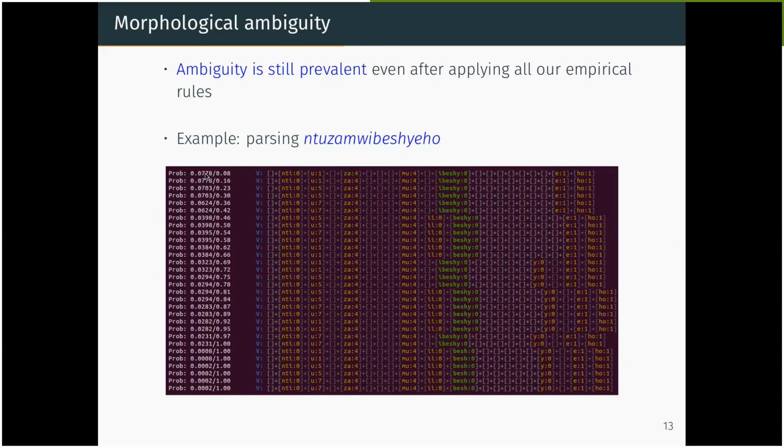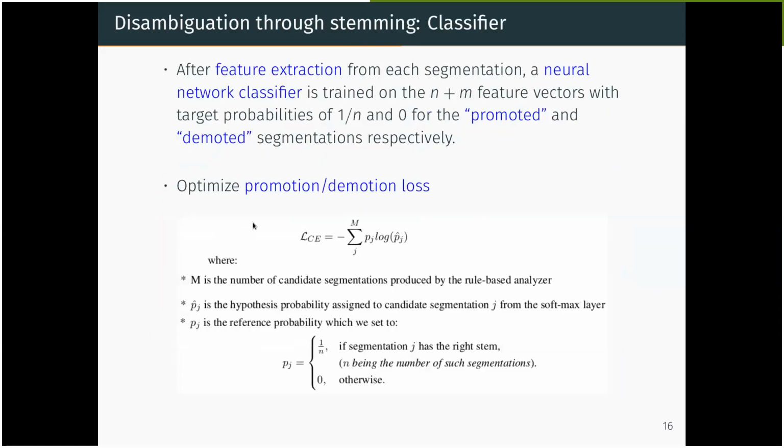But if you see the probabilities, you see that there are some that are very ambiguous and some of them that are less probable. So the model takes this segmentation, gets the features of it, puts it into a classifier, and then it assigns the probability. So how does the classifier work?